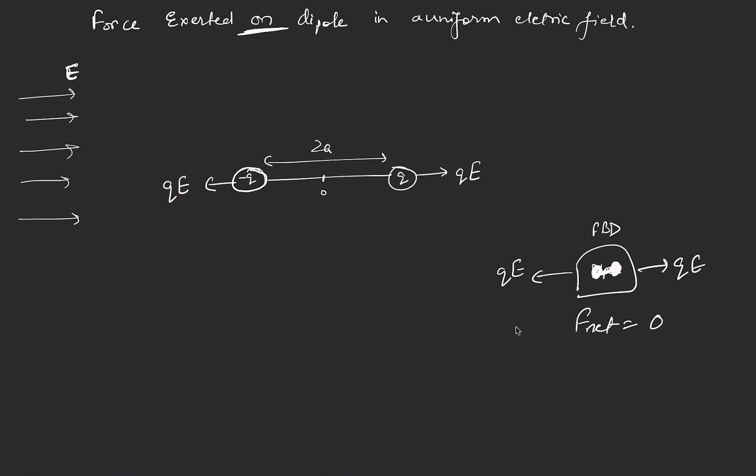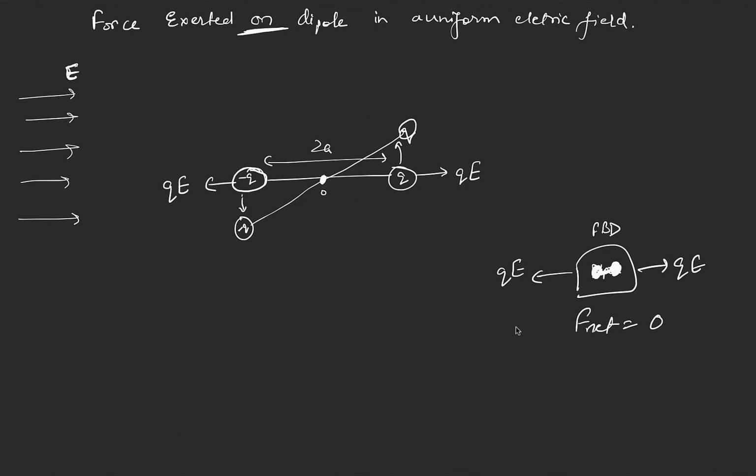And this position is known as stable equilibrium, because if we rotate the dipole slightly, so the dipole becomes like this. This is Q and this is minus Q. Then if we shift it like this and we keep it, it will automatically come back to its original position. That's why it is known as stable equilibrium.